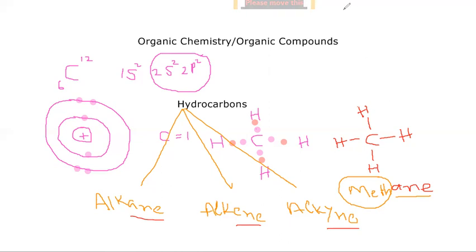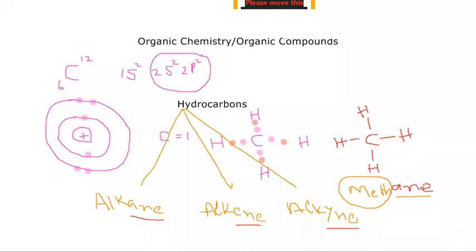In the first phase, I am just discussing the first kind of hydrocarbon that is called the alkane, because this methane is ending with the "ane". So remember, if any molecule's name is ending with "ane", it belongs to the group of hydrocarbons called the alkane.